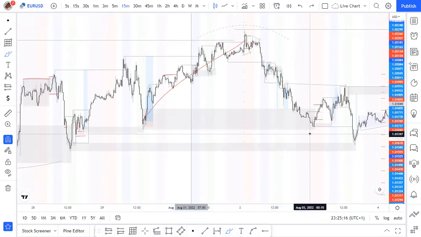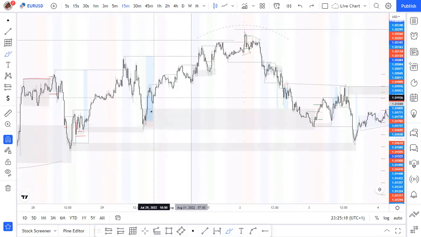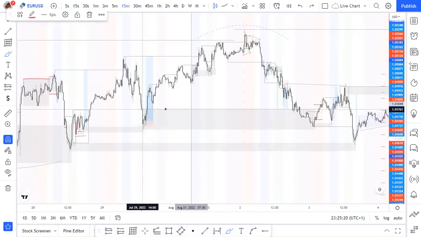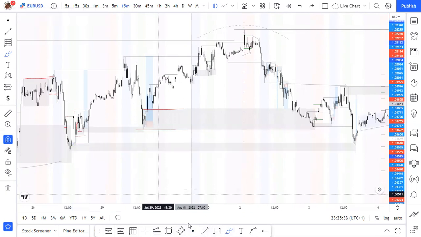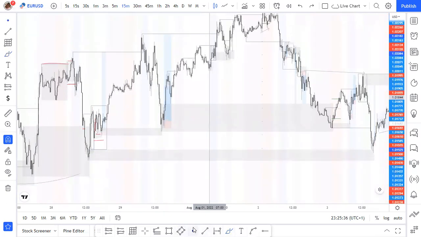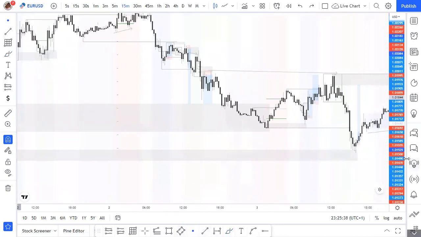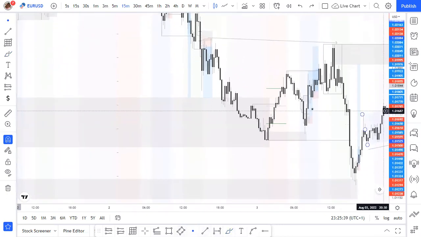So on the 15 minutes we had this supply range here. I like this to be arranged from this previous demand here. Sorry, this is the demand range, not supply, from this previous demand here. London session.